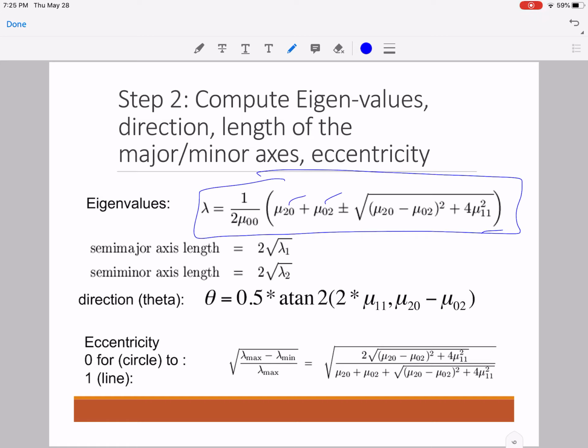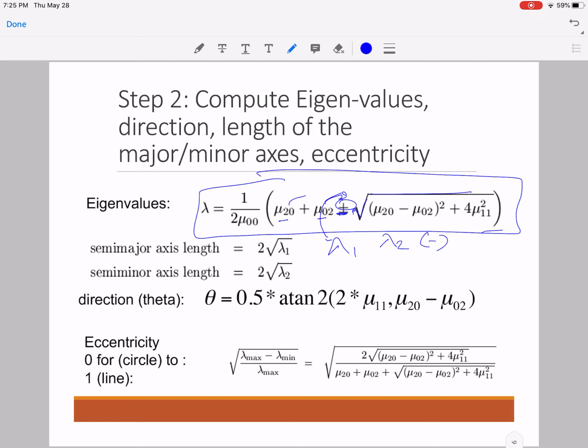This is going to give me two eigenvalues. One eigenvalue can be obtained by applying mu20 plus mu02 plus this discriminant term. The smaller eigenvalue can be obtained by applying the minus sign. So lambda 1 is going to be the one which uses the plus sign, and lambda 2 is going to be the one which uses the minus sign. So naturally, lambda 1 is going to be greater than lambda 2.